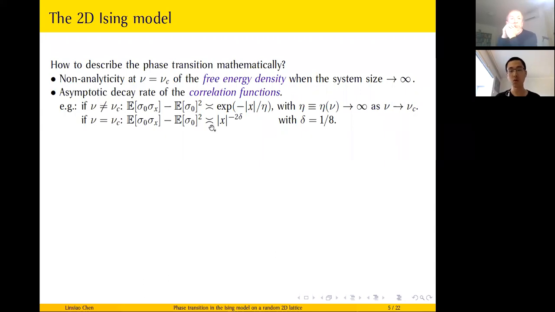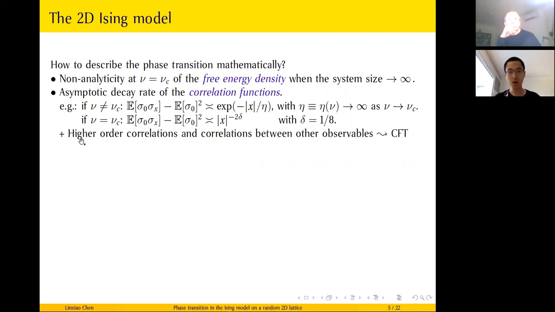But it will decay polynomially when the temperature is critical. And higher order correlations also behave in this way. And actually there is a very rich theory called CFT, conformal field theory, that describes the behavior of all these correlation functions at the critical temperature.